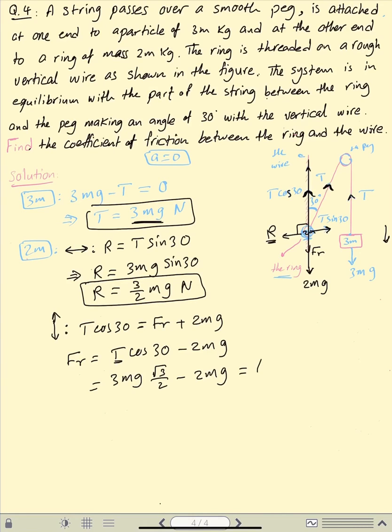For now, I prefer this as a teacher or instructor of mechanics, because most of times, like the previous questions, come writing in terms of m and g. So I prefer not using the calculator, but it's okay if you use the calculator. But this will give you 3 radical 3 over 2 minus 2 mg. This is the value.